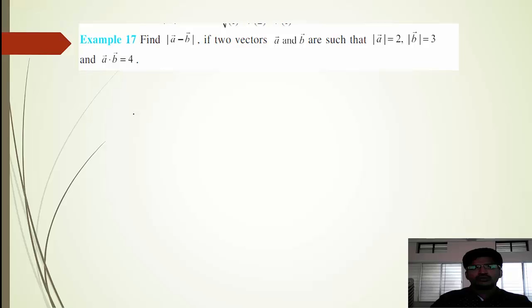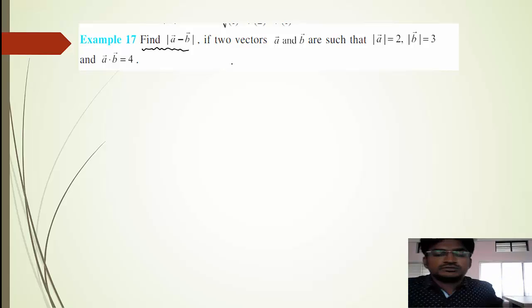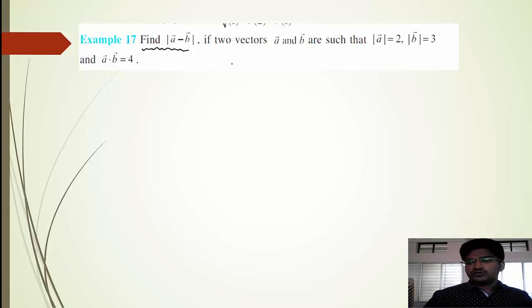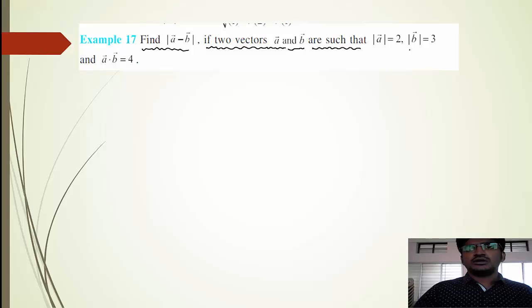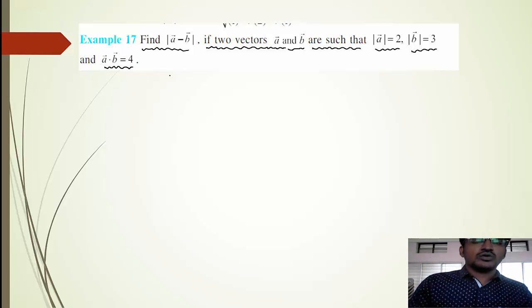In the 17th problem, find the magnitude of vector A minus vector B. That means you have to calculate mod of vector A minus vector B if two vectors, vector A and vector B, are such that mod of vector A equal to 2, mod of vector B equal to 3 and vector A dot vector B equal to 4.